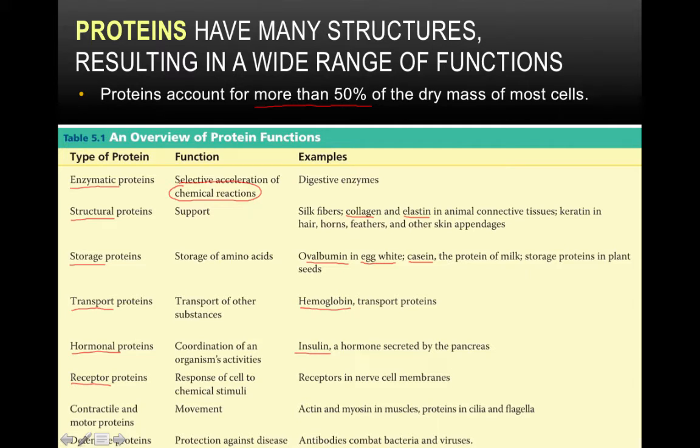They respond to chemical stimuli. Receptors are found embedded in membranes of cells and have very specific shapes that bind to molecules. Some proteins are contractile or motor, such as those that we find in our muscles. Other proteins are defensive, and I know you can't see that on this figure, but we will look at some more examples on the next couple of slides.